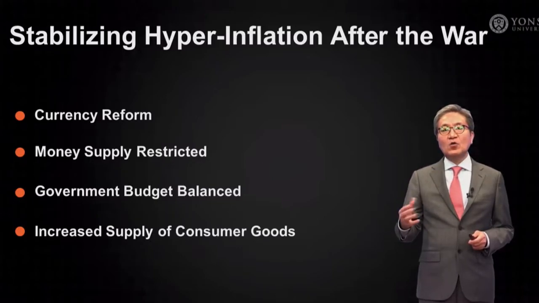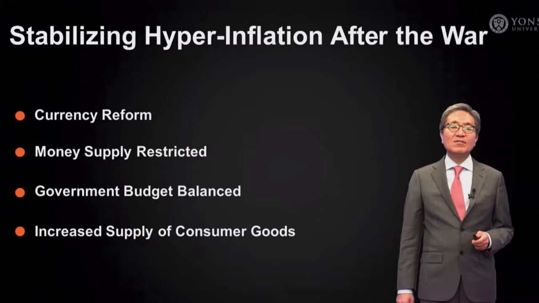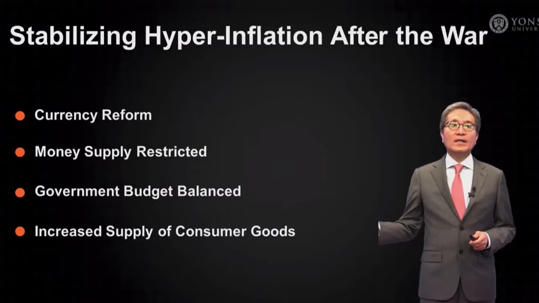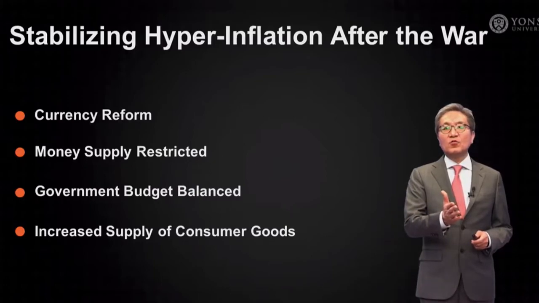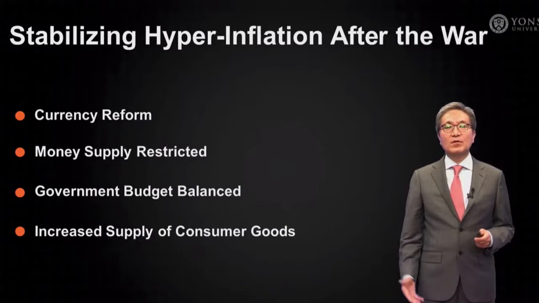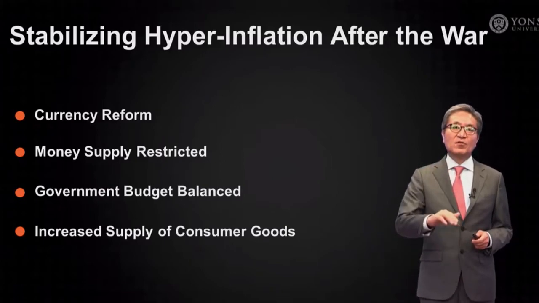So unless you correct your government budget balance, printing money was unavoidable. And of course, when you increase the supply of goods and services to the market, the price level goes down. That's a simple law of demand and supply. When supply increases, prices go down.